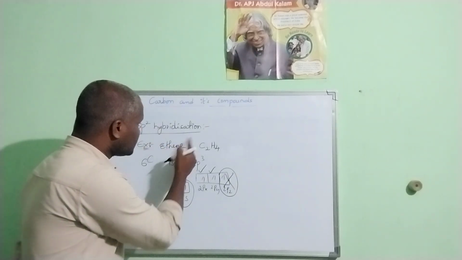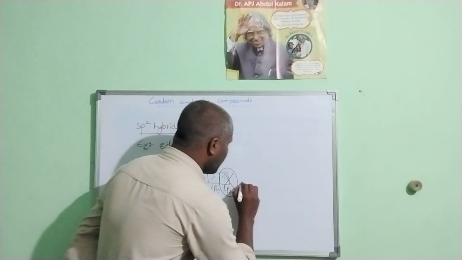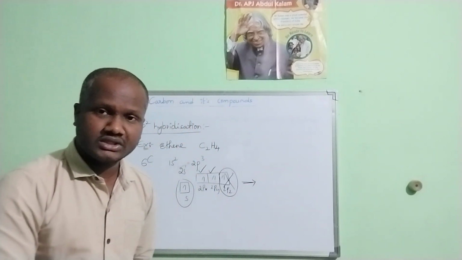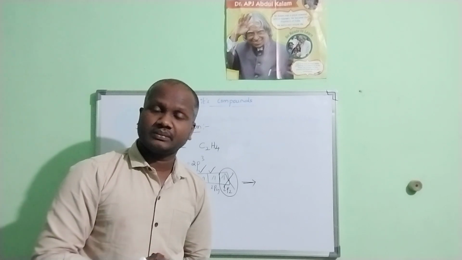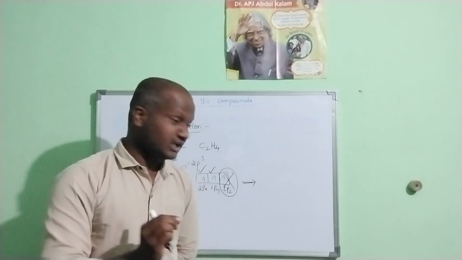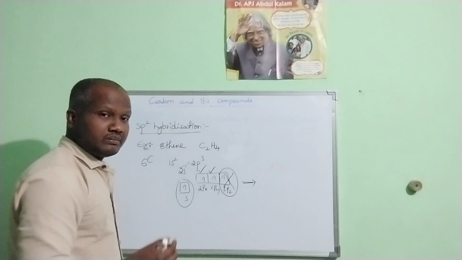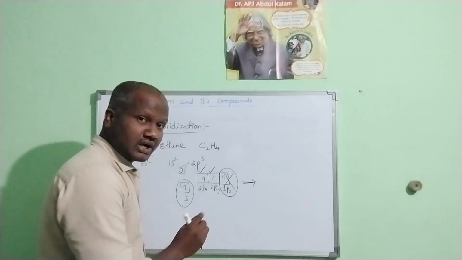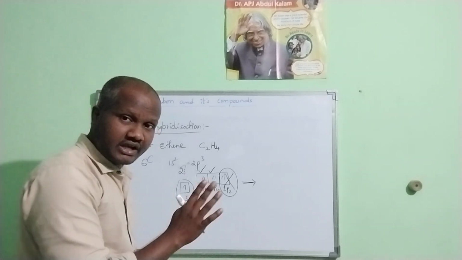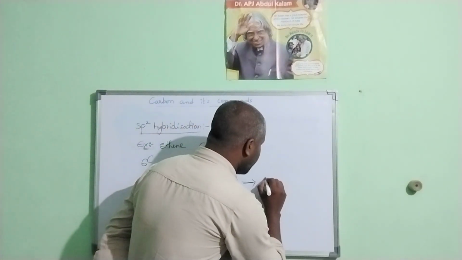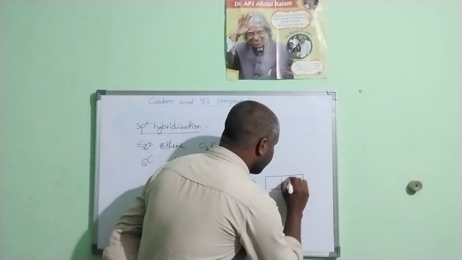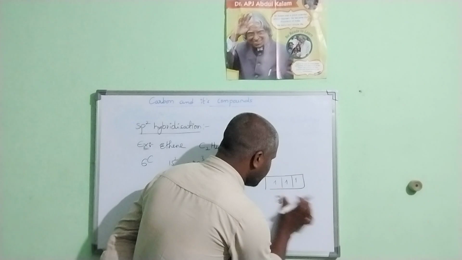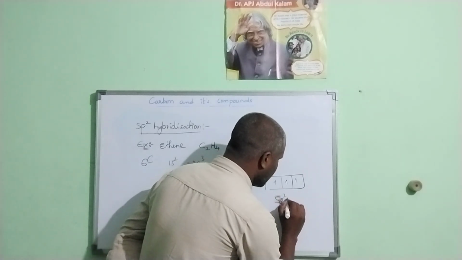This is called sp2 hybridization. After hybridization, the redistribution of orbitals of almost equal energy forms an equal number of new orbitals, and the newly formed orbitals are called hybrid orbitals. So here we get hybrid orbitals, 1, 2, 3. These are sp2 hybrids.